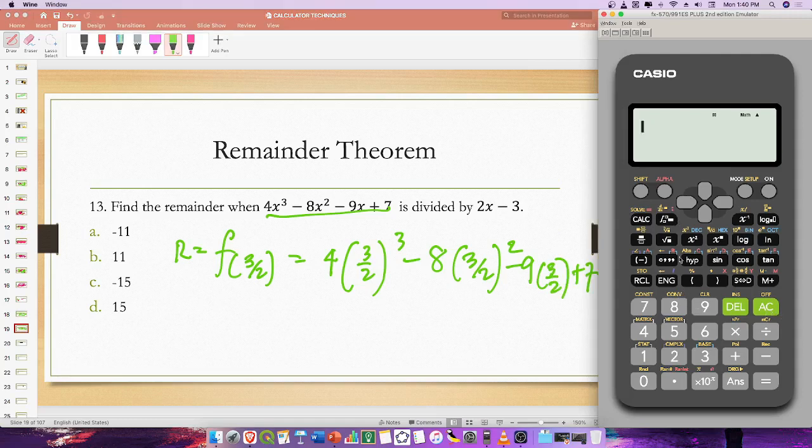All clear, we have 4x cubed minus 8x squared minus 9x. Make sure you have plugged in the correct terms, like this one is an error.